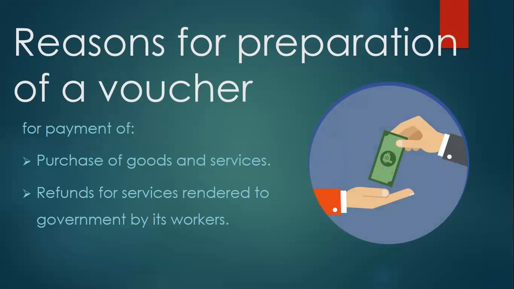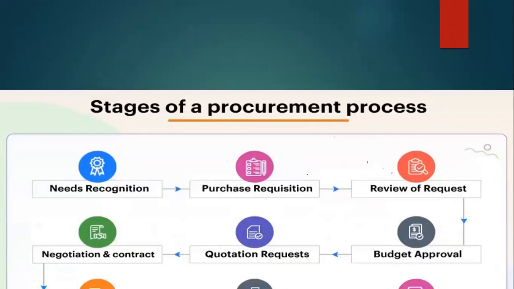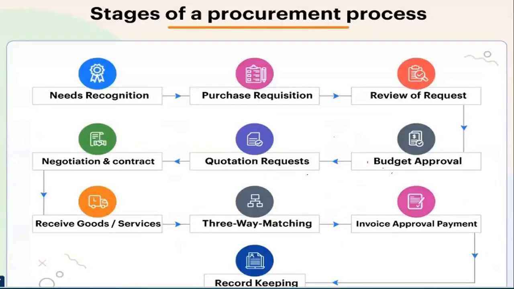We don't use cash to purchase goods. We need at least to understand an overview of stages of procurement, because before you prepare a voucher for payment of goods and services, all these things must take place. We cannot prepare a voucher without the procurement process.